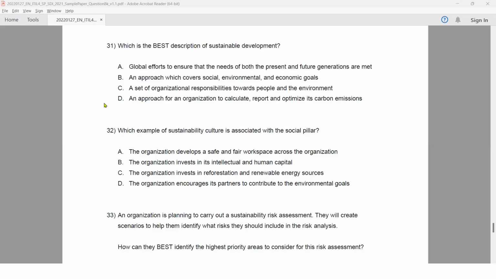In fact, CSR includes how organizations operate in a sustainable way, how they behave towards employees and customers, how they select partners and suppliers, and it's also about the impact of their activities on the environment and the communities. So C is also incorrect. Option D, this is a way of managing an organization's digital carbon footprint because it's about calculating, reporting, and optimizing its carbon emissions. Therefore, the correct answer here would be option A.